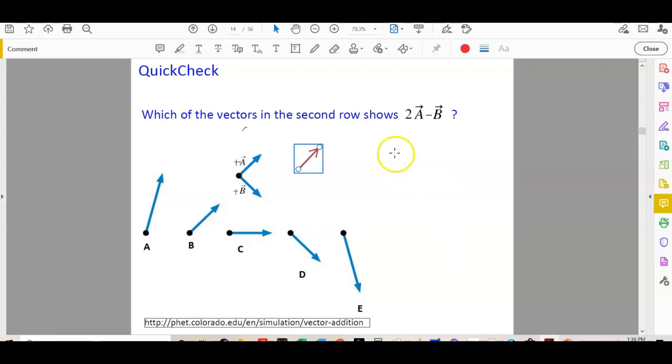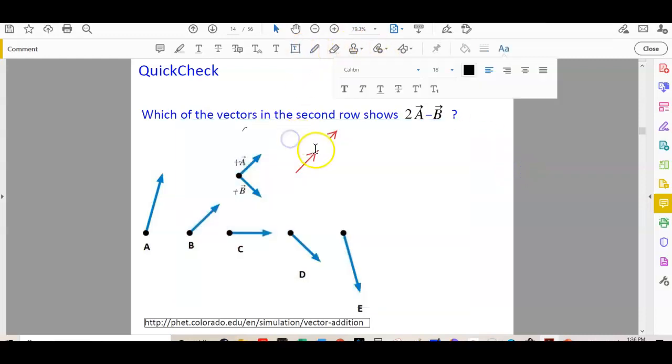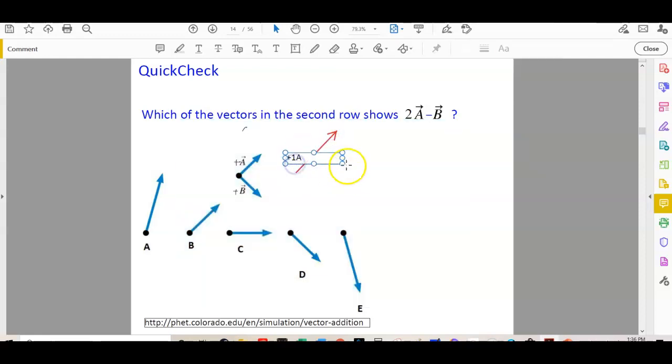Well, if you think about it, to get a 2A vector, you could double the size of this vector, or what you could do is just double the vector itself, and so I just copied and pasted that, and now I have a 2A vector here. So this is a positive 1A vector that I've just doubled right there.